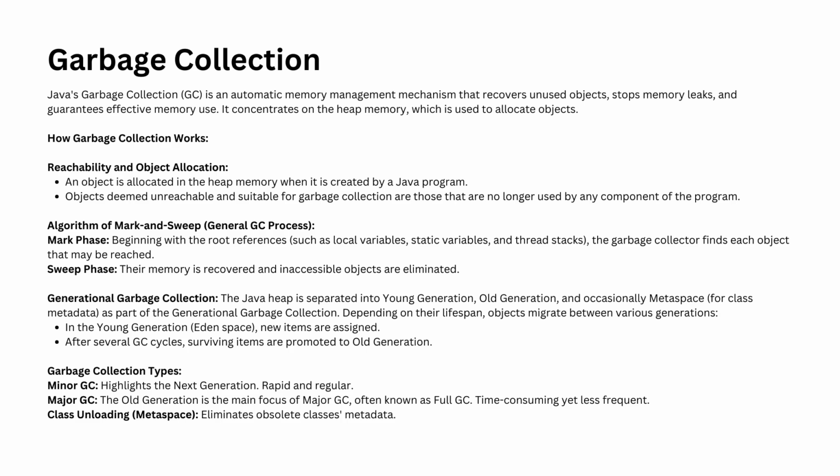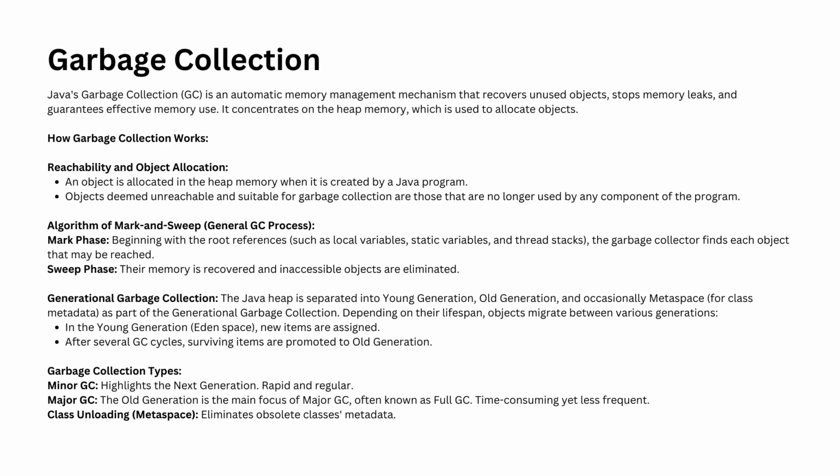When a Java program creates an object, we have a new object in the heap memory. Let's say that object is no longer being used by any portion of the program. In that case it is an unused object, and this makes it eligible for garbage collection. Now we have the mark and sweep algorithm, which is a general garbage collection process.